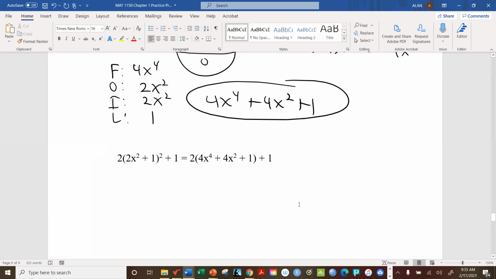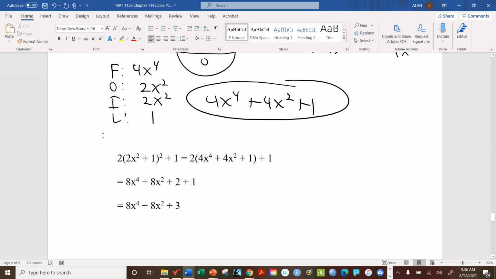Okay, so in other words, 2 times this expression over here, plus 1. Now we have to multiply everything here by 2. 8x to the 4th plus 8x squared plus 2, plus 1. And so when we're finally done, we get 8x to the 4th plus 8x squared plus 3. And wow, that was tough.